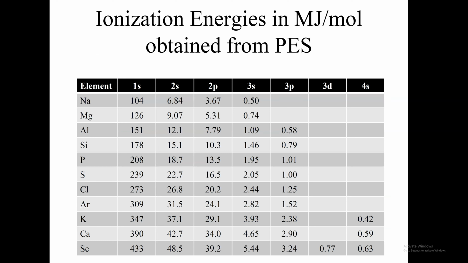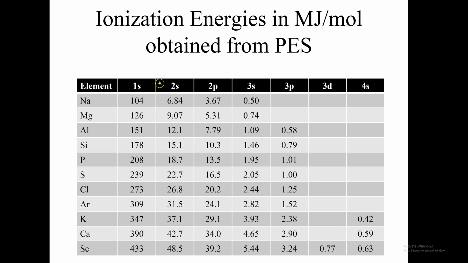And PES, again, as I was telling you earlier, is how much energy it takes to remove these electrons from all its different shells. As you can see, for sodium it takes 104. 104 is actually a lot of energy for sodium. So that means that sodium's first electrons, its initial electrons, are going to be extremely difficult to remove.